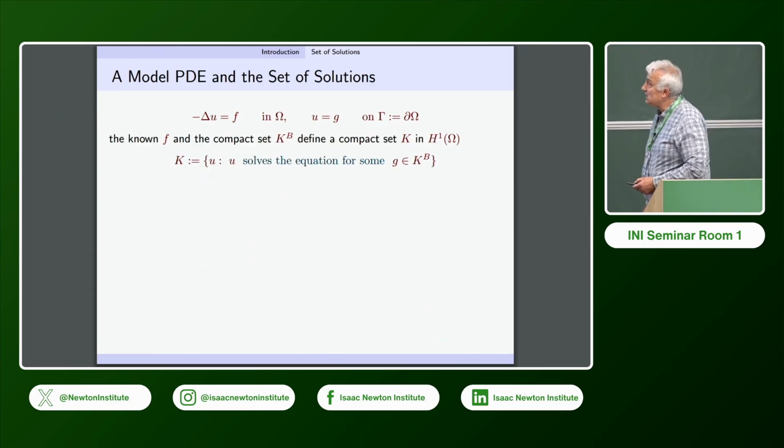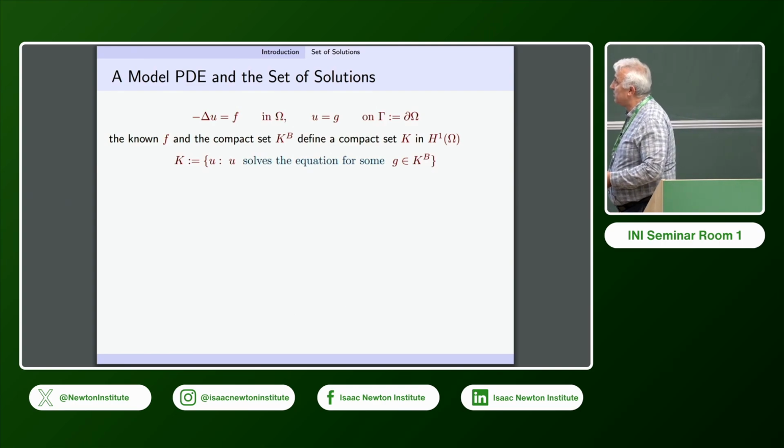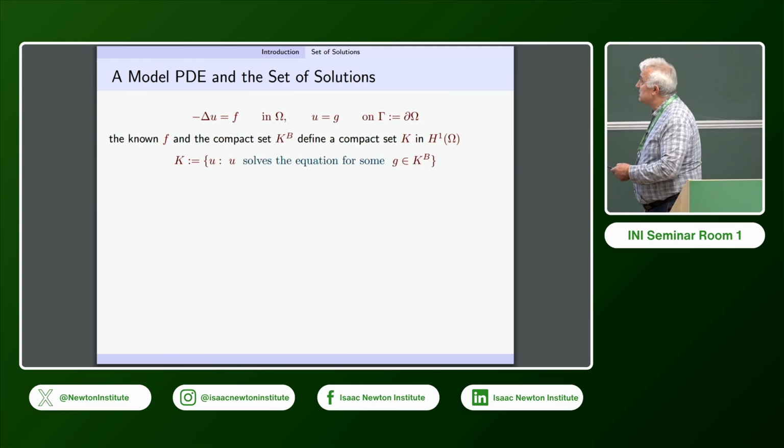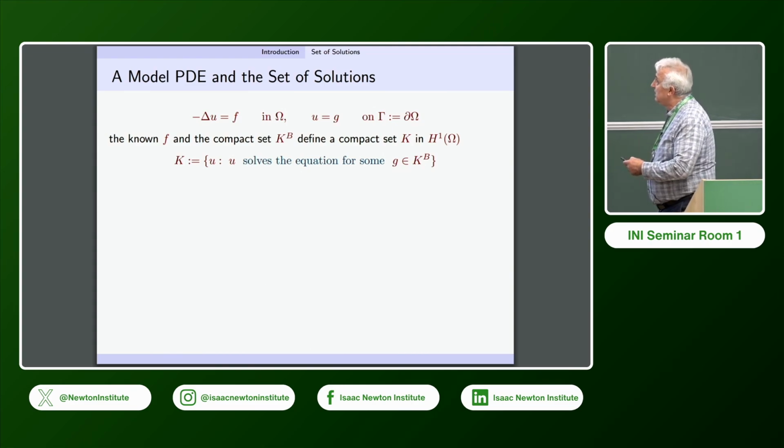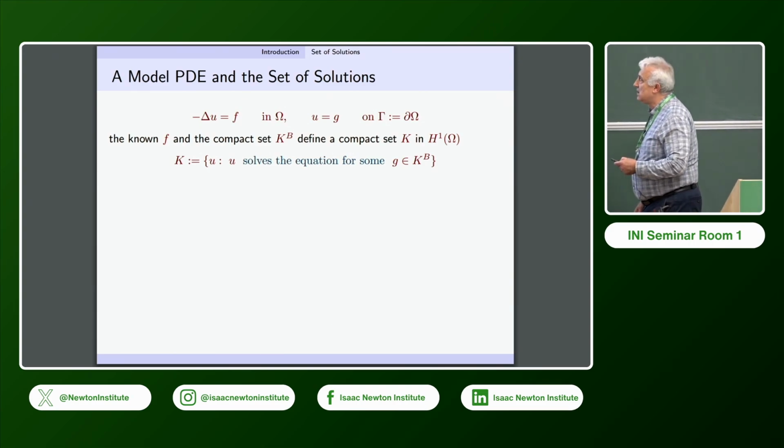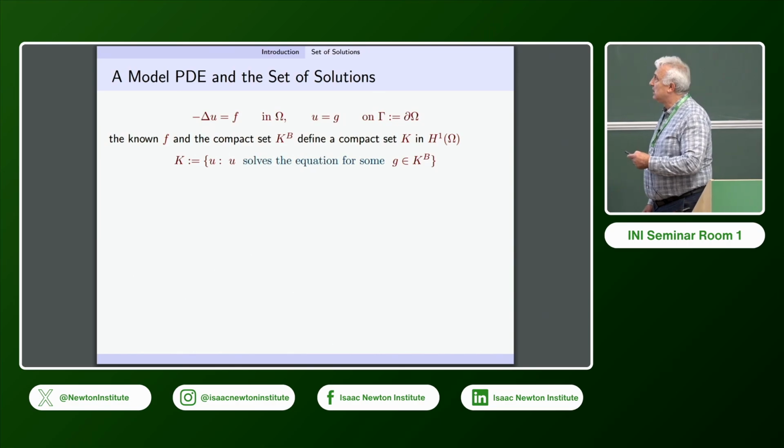So in the model problem, the boundary condition G is given through this compact set, and then we can define another compact set, which is the compact set of the solutions which solve the equation for any given G of this K on the boundary.